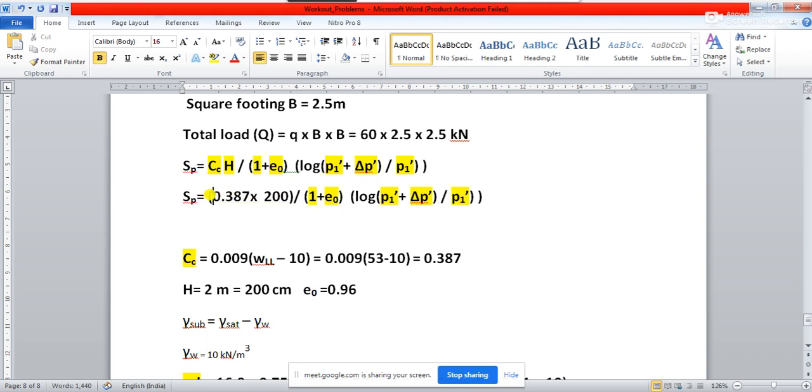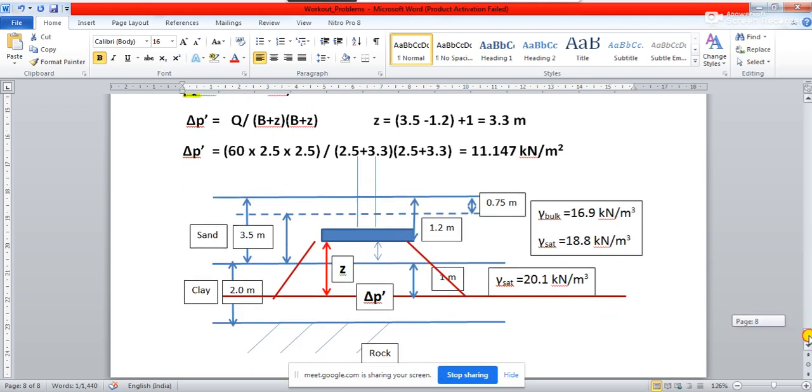Okay, so 200 is the height, then 1 plus e naught. What is the value of e naught we have calculated? 0.96. Not calculated, it is given. Now what is the P1 value we have calculated?